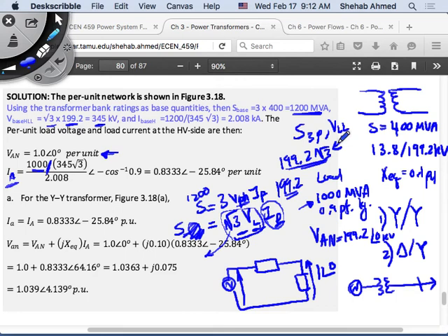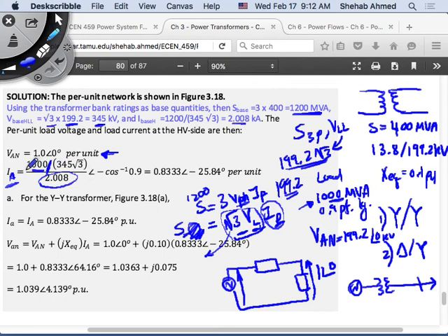I have the load power, I have the power factor, I have the load angle. I can calculate the current. They chose to calculate the current in this fashion, and then they converted it to per unit. Sorry, that's an additional thing.